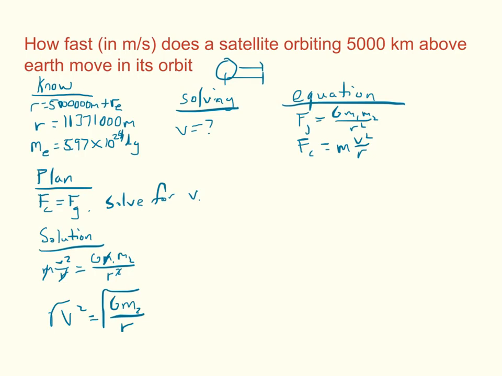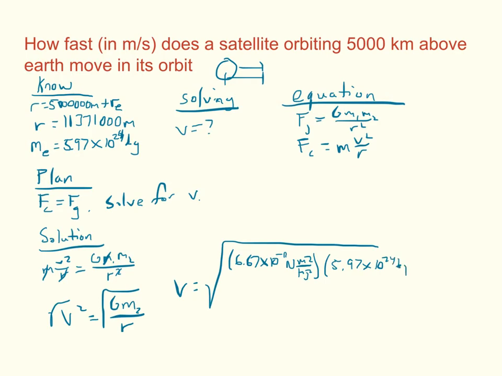So v is going to equal the square root of G, 6.67 times 10 to the negative 11th Newton meter squared per kilogram squared, times my mass of what I'm orbiting, the Earth, 5.97 times 10 to the 24th kilograms, divided by my radius, that total distance between the two, of 11,371,000 meters.